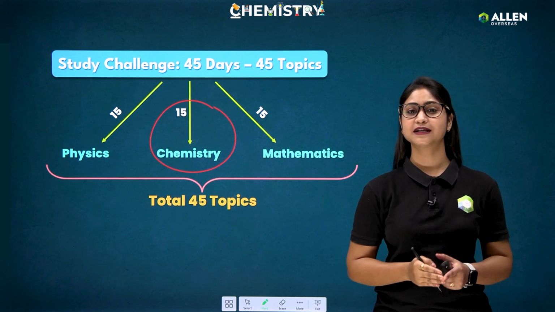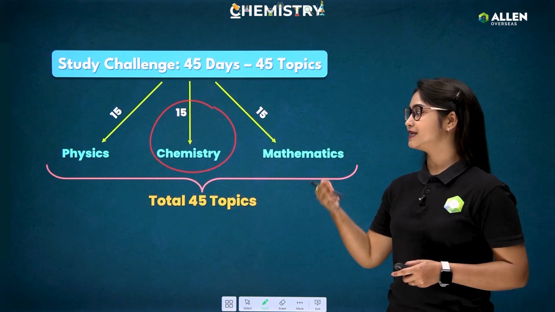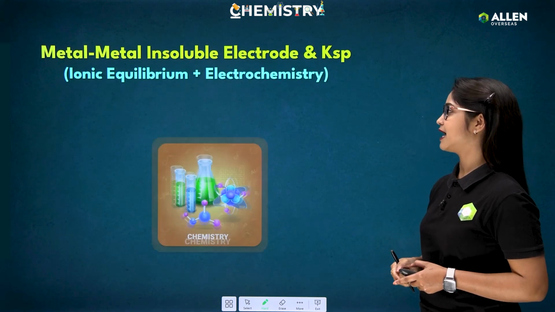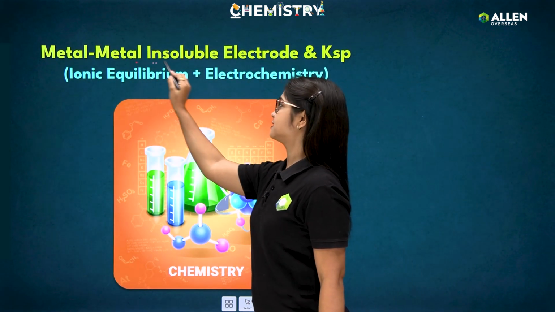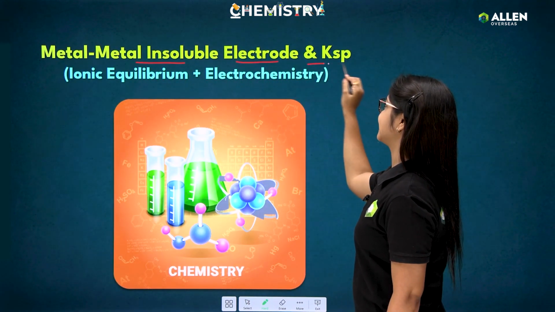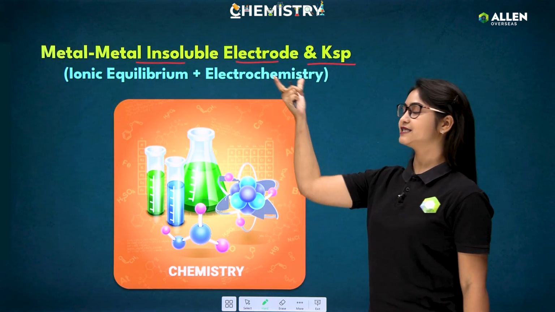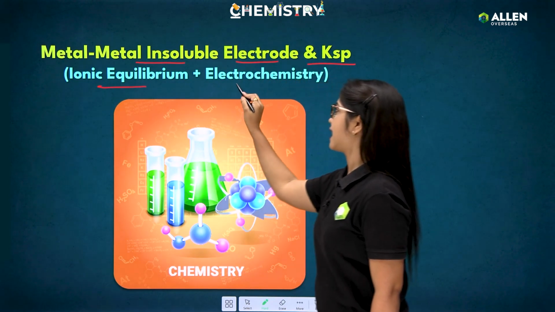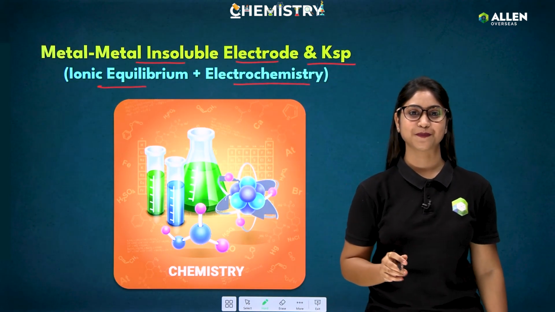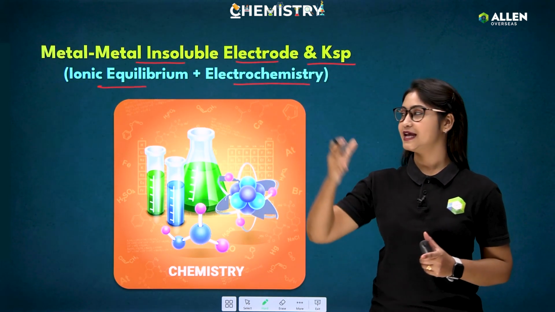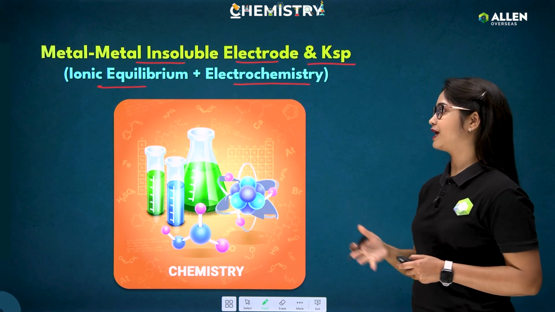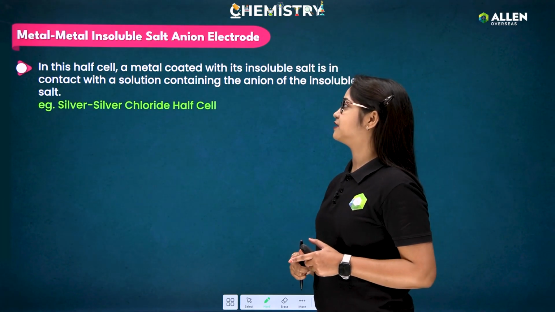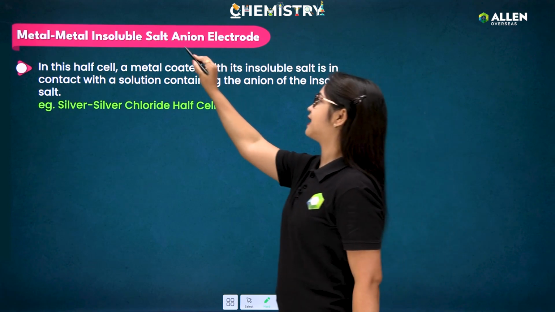Fine. So, let's start. Let's continue this series with the next topic of chemistry, that is metal-insoluble electrode and KSP. So basically this topic is the combination of ionic equilibrium as well as electrochemistry, right? So let's start our topic with the metal-insoluble salt anion electrode.